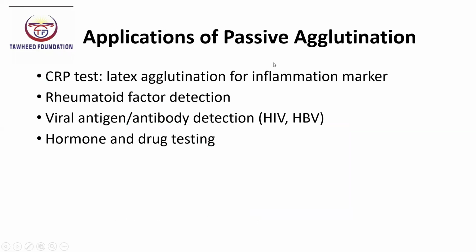Next is applications of passive agglutination. Passive agglutination has numerous clinical applications. The C-reactive protein, that is the CRP latex test, detects inflammation markers in serum.